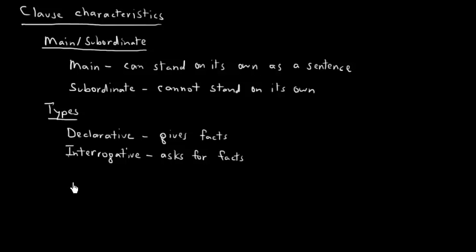Or it can be a yes or no answer. Do I have a car? Okay, yes I do, or no I don't. Or do you have a car? Now, then we have the imperative. Like I say, we'll go through all of these in more detail, because declaratives are pretty easy. Interrogative, there's a lot of ways we can ask. We can structure a clause to ask for facts.